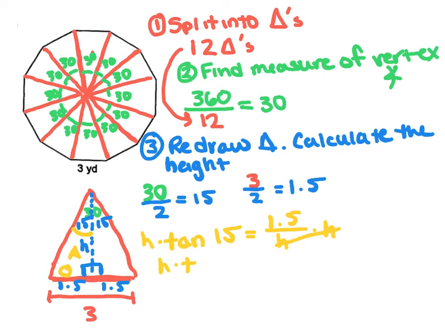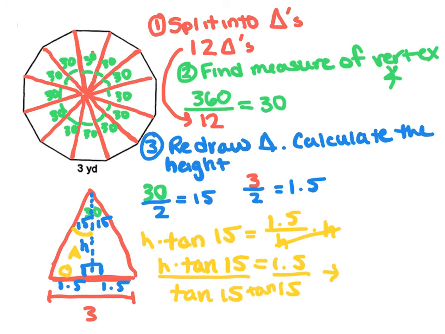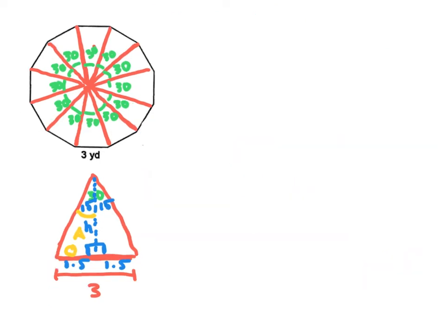So you have h times tangent of 15 equals 1.5, and divide both sides by tangent of 15 to give you that 1.5 divided by tangent of 15 equals 5.6. So now the result of our calculation gives us that h equals 5.6.